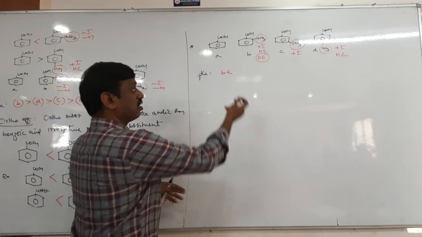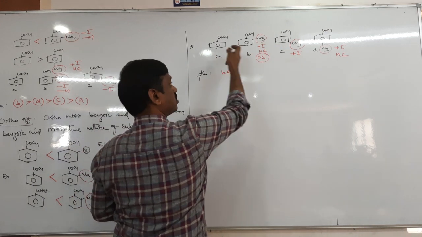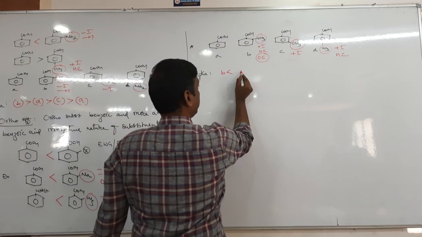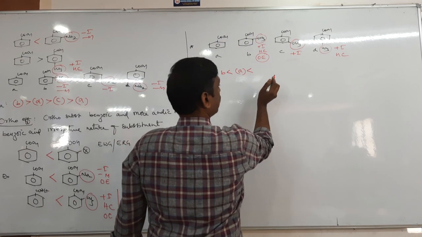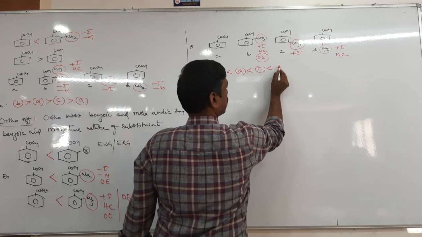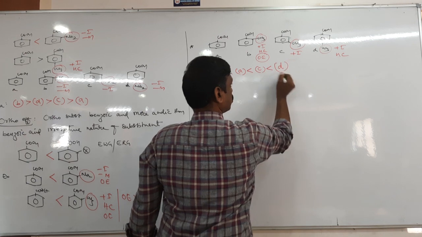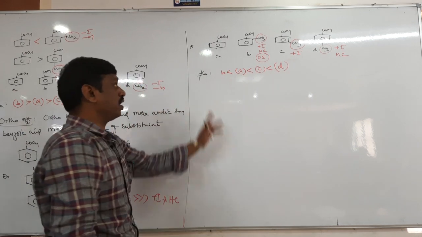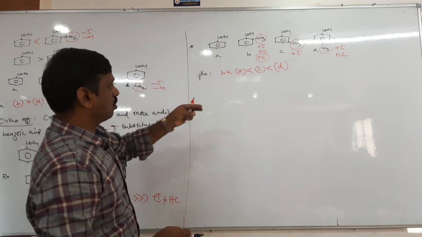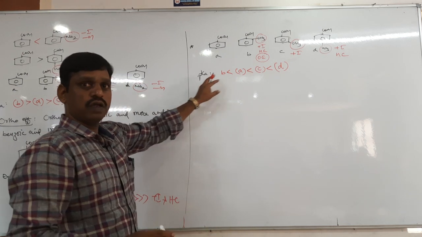Then which is more acidic? Comparatively, all of these are more, but here, due to ortho effect, this is more. So B greater than A greater than C greater than D. Therefore, D has highest pKa, means least Ka.